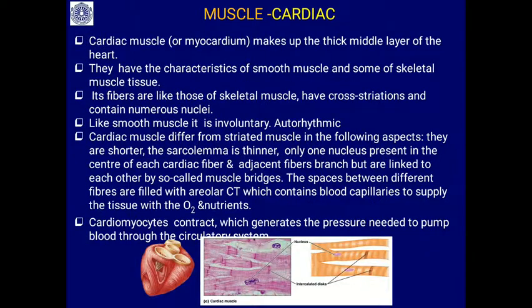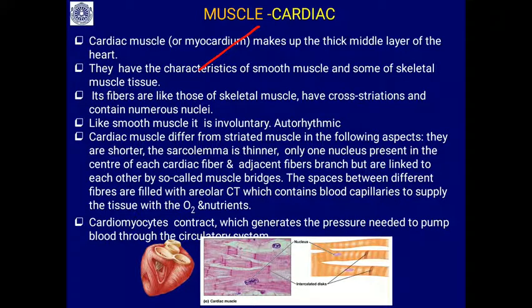Coming to the cardiac muscles, the cardiac muscle is autorhythmic. Nobody stimulates it; it is a basal property of contracting. The cardiac muscle forms the myocardium layer of the heart, the thick middle layer of the heart, between the epicardium and the pericardium.